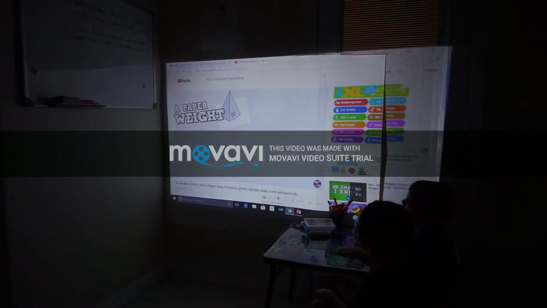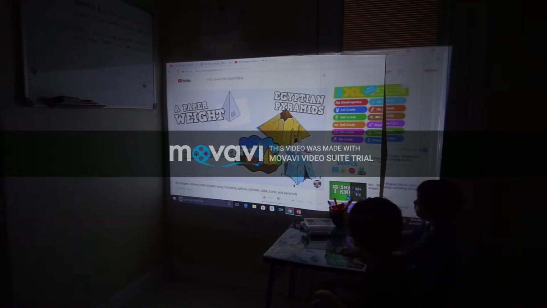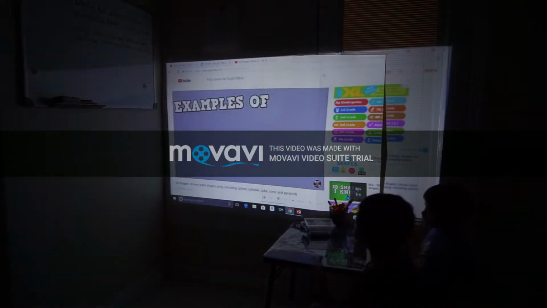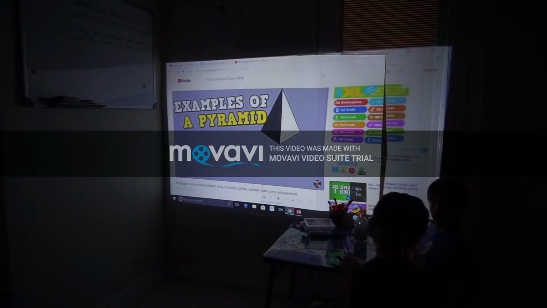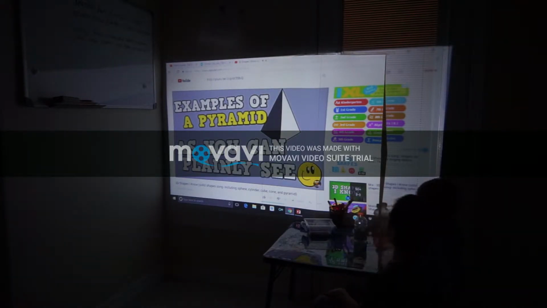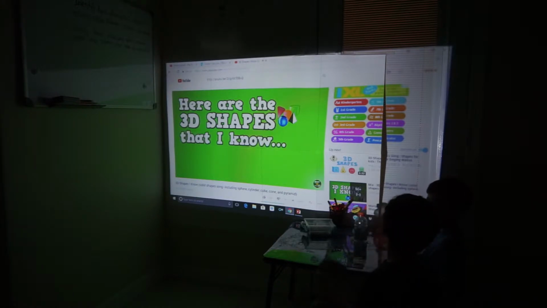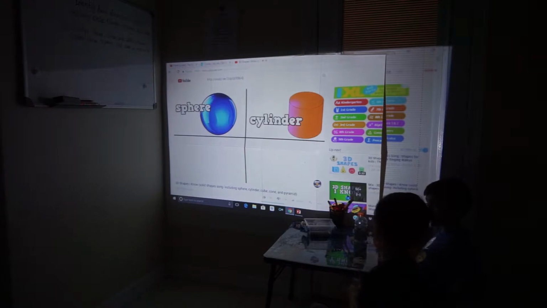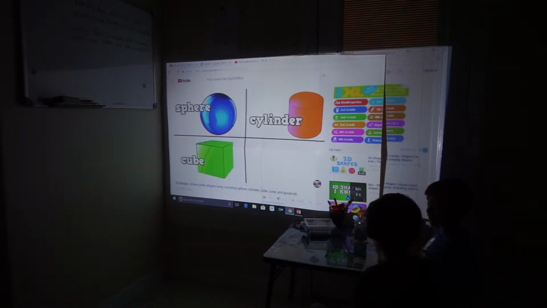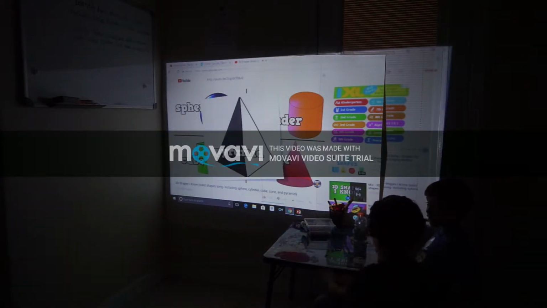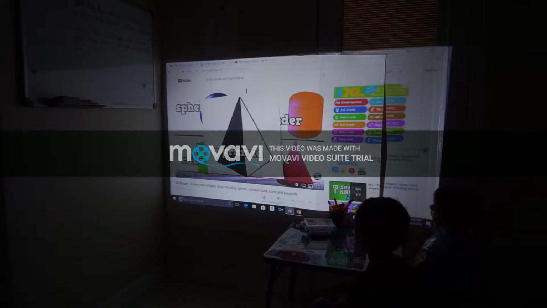A paperweight, Egyptian pyramids, and some tents would be examples of a pyramid, as you can plainly see. Here are the 3D shapes that I know. A sphere, a cylinder, a cube, and a cone. And it is done.